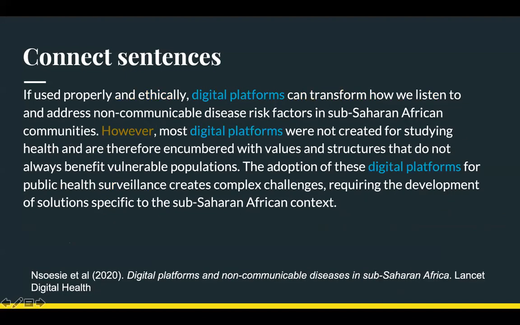Another example from another paper that we wrote. In this case, if we just look at this paragraph, I'm going to give you a minute to read it. You see that digital platforms is what we're trying to talk about here.